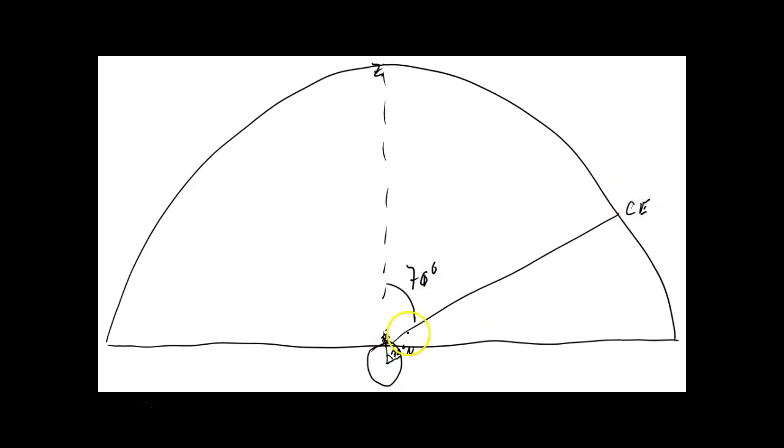It parallels the equator down here, or is projected from that. Now, the sun on June 21st, right? By the way, if that's 70 degrees from celestial equator to the zenith, what is it to the southern horizon? 20. So this is 20 degrees down here.